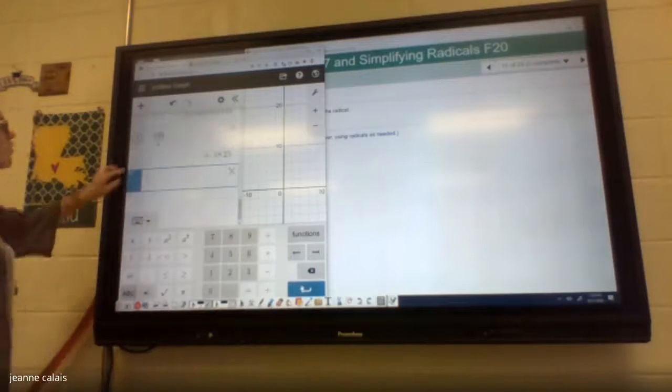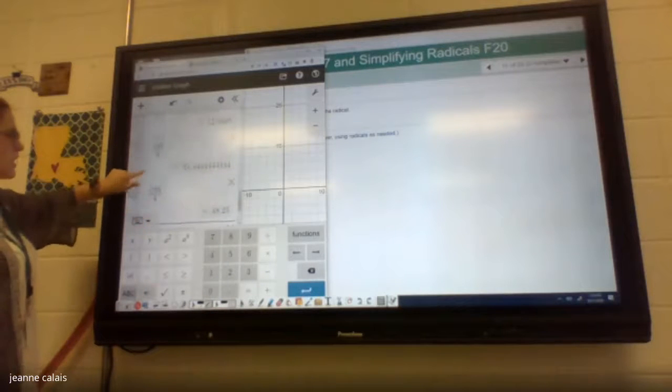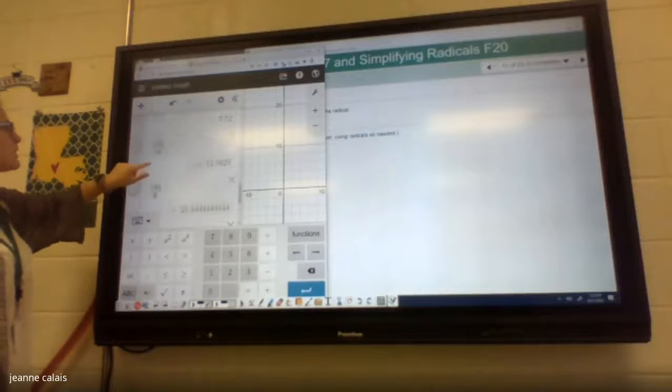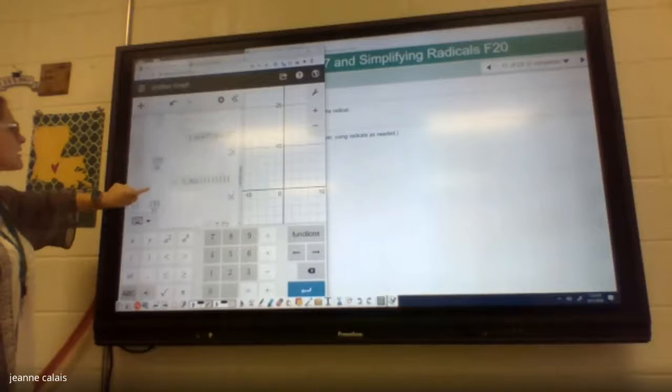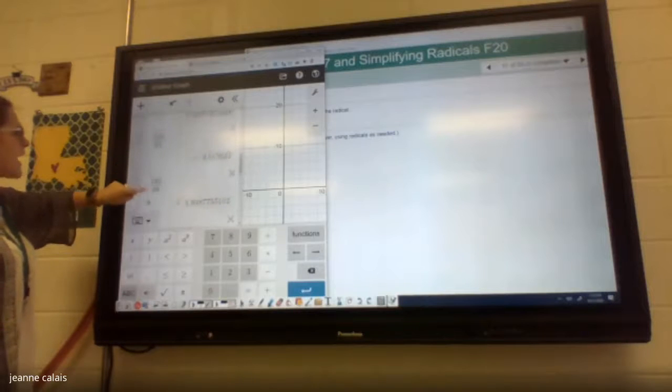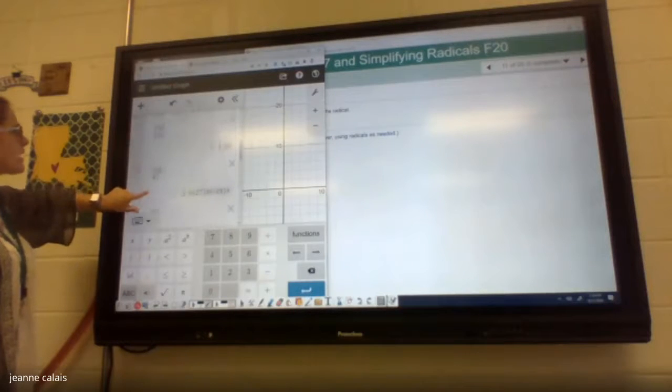Okay, so I have gone all through the chart. I'm just double checking, make sure that I did not leave anything out and I did type everything correctly.